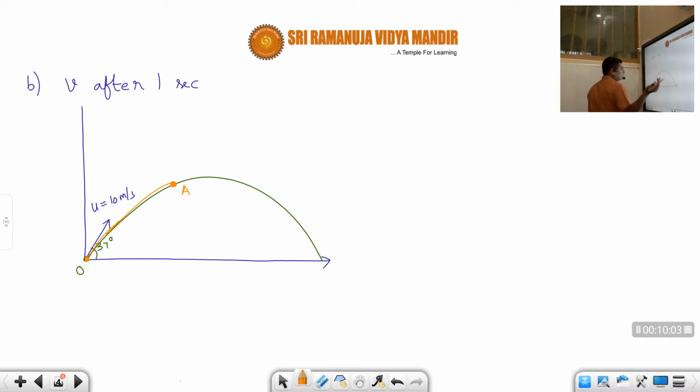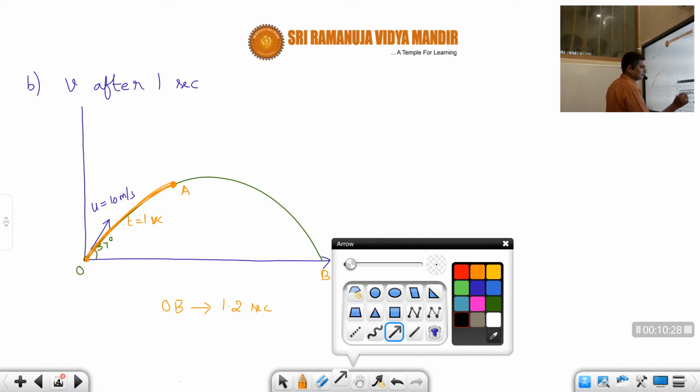I don't know actually, the total time I know. Let us say O A B, for reaching B I know 6 by 5, that means 1.2 seconds. But at 1 second where it is I don't know. So I am assuming, let us say at point A it is. So that means the time taken for this motion is 1 second. At that point I want the velocity.